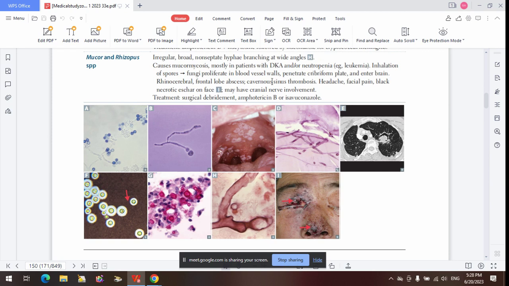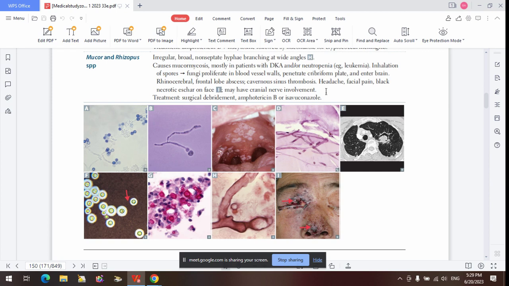Don't ever forget this. Just like people with neutropenia can have invasive aspergillosis or invasive or disseminated candidiasis, they can also have rhinocerebral mucormycosis.